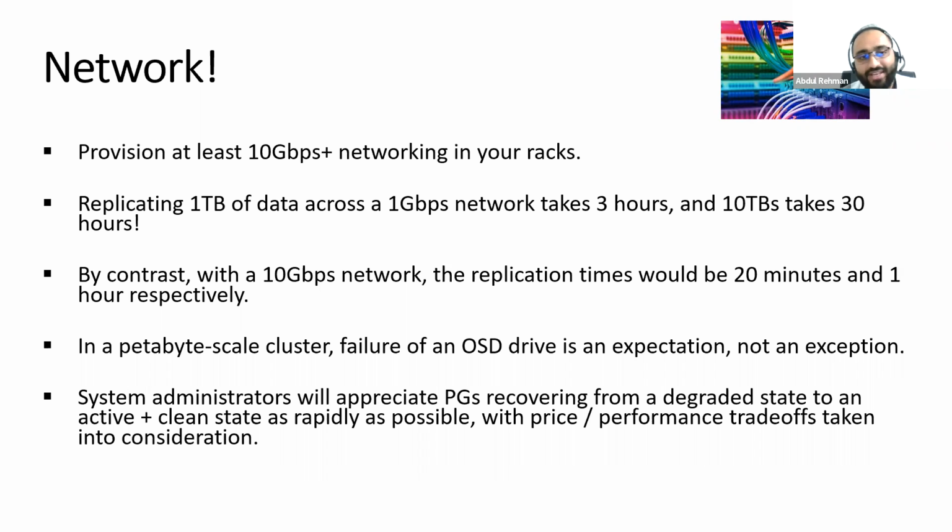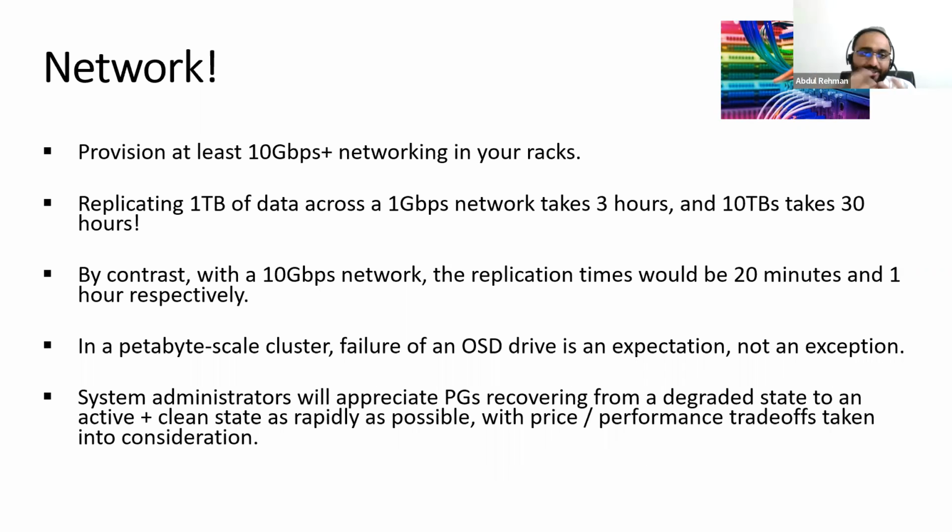Let's say you have very high-end SSDs installed in the server, but your network is still 1 Gbps. You cannot get the maximum performance out of those SSDs because the network is not supporting it, since Ceph storage works over the network as well.